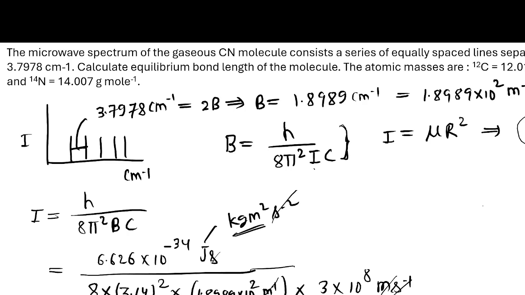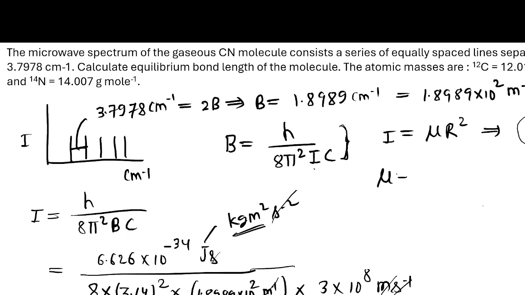You can see the power of rotational spectroscopy. If we discover some unknown molecule, let's say AB, and we know the reduced mass, then from rotational spectroscopy we can calculate the bond length, and this calculated bond length is very close to the other method. So we need mu, that is reduced mass.